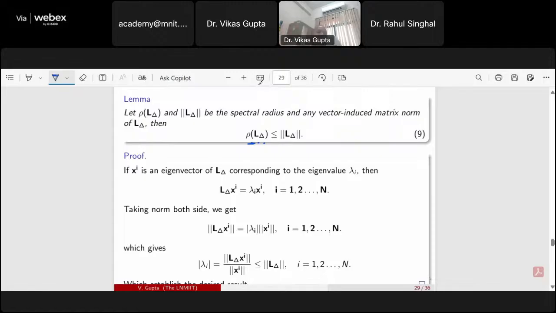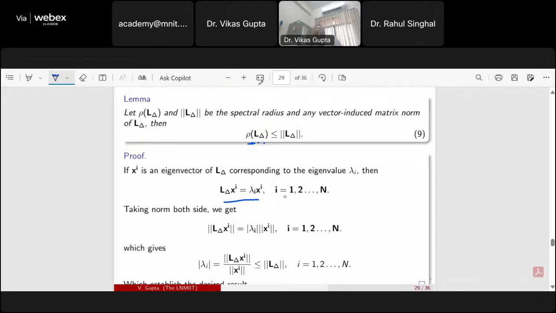You know that if lambda_i and x_i is an eigenpair for the matrix L_delta, then by the relationship Ax equals lambda x, the eigenpair will satisfy L_delta x_i equals lambda_i x_i, i running from 1 to n.